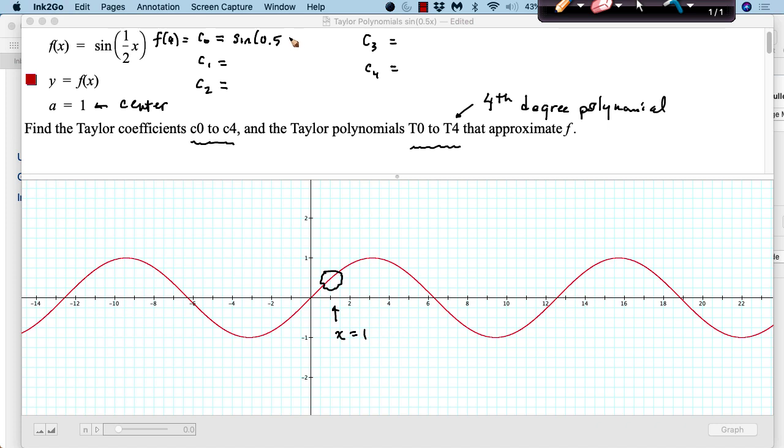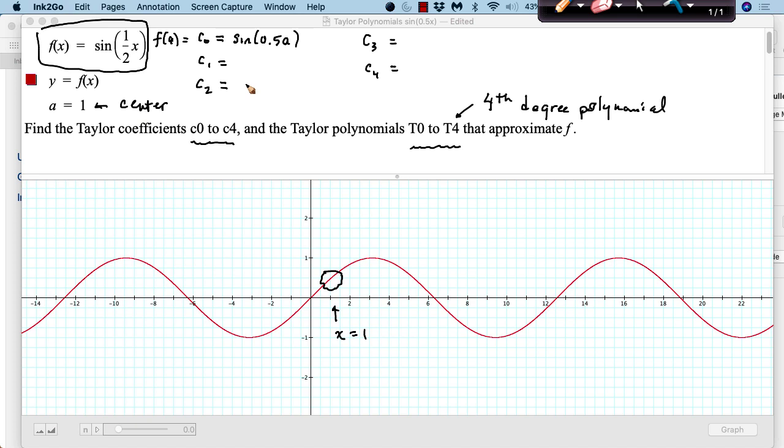You guys, what's f of a? If f of x is sine of 1/2 x, then f of a is sine of 1/2 times a, or 1, right? In this case it's 1, but we could just write a. F of a, guys, right? Function notation. If f of x is sine of 1/2 x, then f of a is sine of 1/2 a. In this case a is 1, so we could plug in 1 for a, but I'm going to just keep the a's for us, okay?